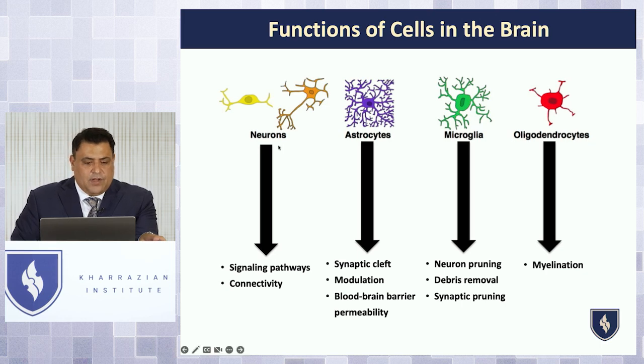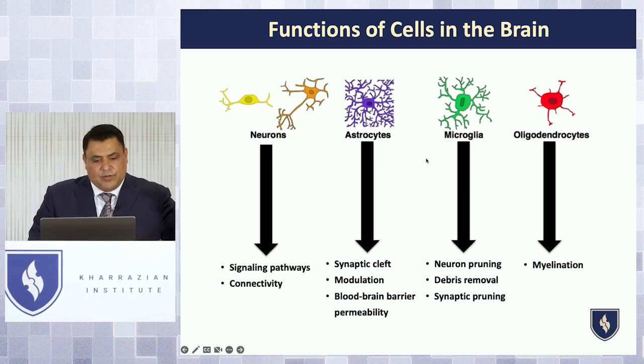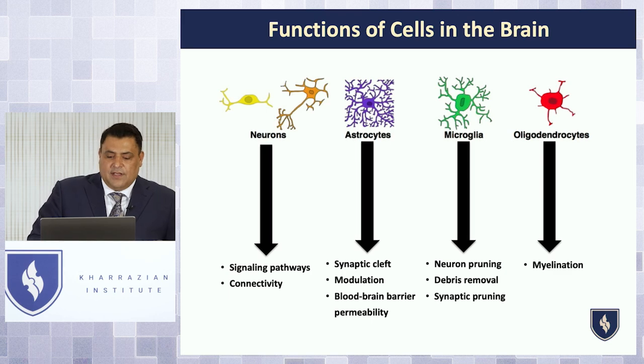So, neurons, astrocytes, microglia, oligodendrocytes, they're all involved with essential pathways to make sure that we have healthy brain function and healthy mood. Signaling pathways, connectivity for neurons, astrocytes also help with synaptic cleft modulation of neurotransmitters, brain barrier permeability. Glia get rid of debris that gets in the way of healthy neurotransmission. They help create an anti-inflammatory state when they're expressed as an M2 pathway.